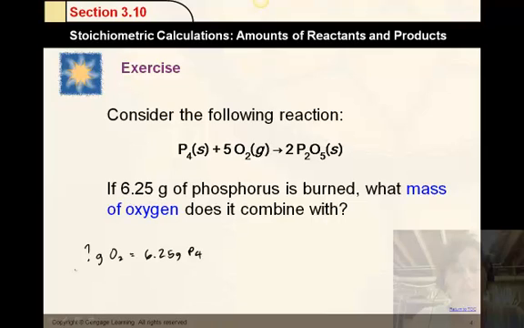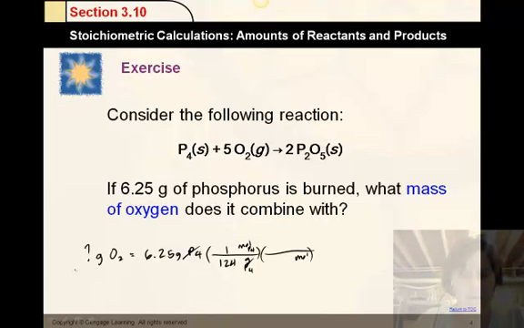Make sure to use the correct compound or molecule when writing down the information, because the next step, which is going to be from grams of P4 to moles of P4, if you just saw the word phosphorus and thought P and looked that up, you would have the wrong formula mass. In this case, it's 124. And of course, units cancel.